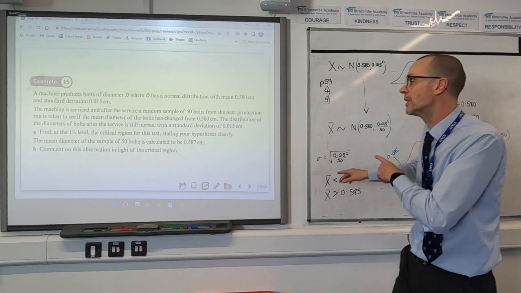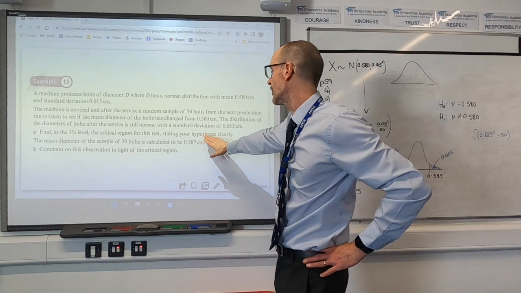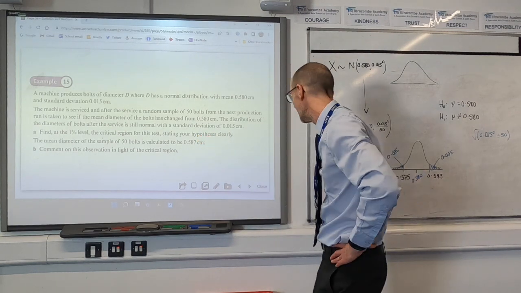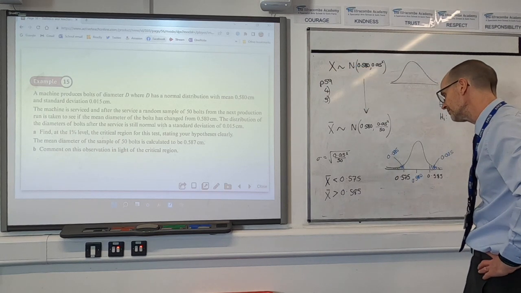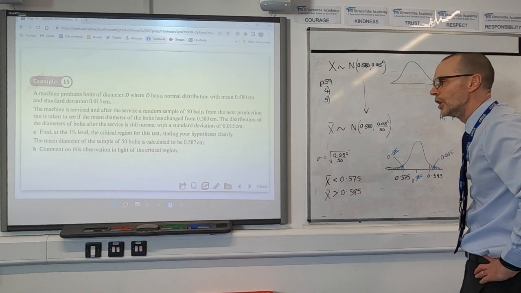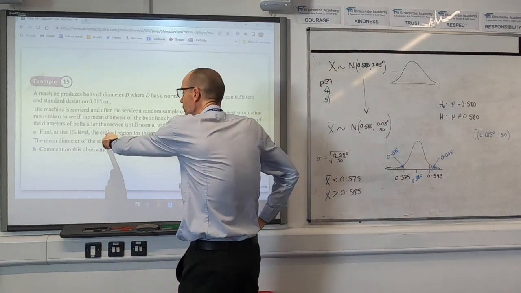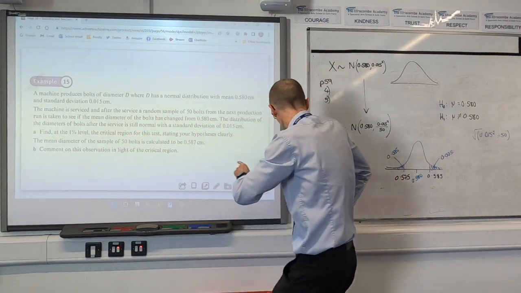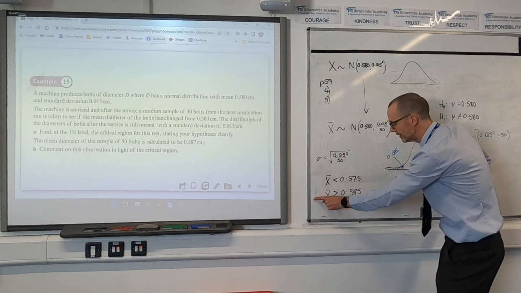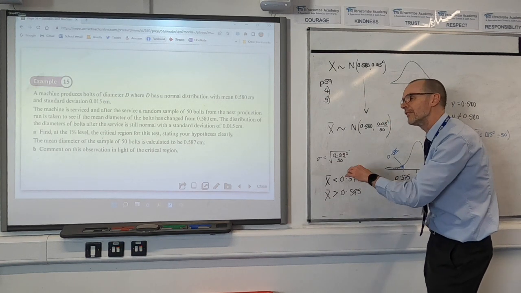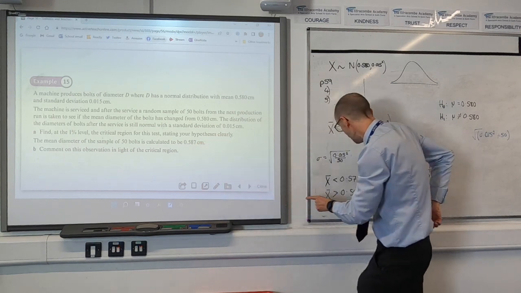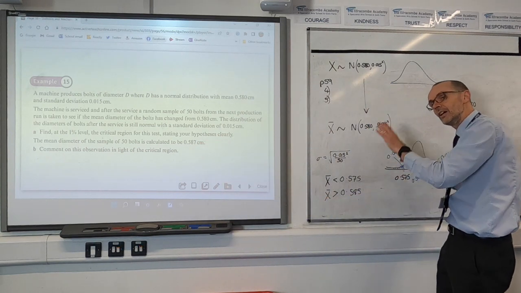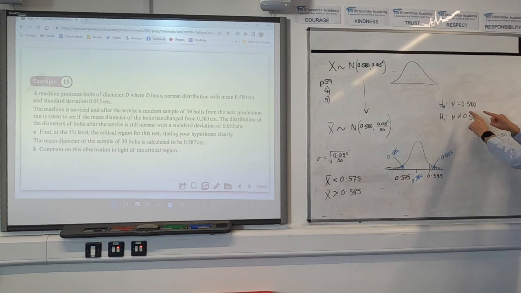This is my answer to part A. Yeah, but I mean 0.587. Like when you put x bar smaller than 0.575, you're not saying that's... No, this is me describing the critical region. So that is the description of the critical region. And then, having got that description, we then go on and say, they got 0.587, which is in the critical region. Alarm bells, I reject that. Something fishy is happening there. Okay.